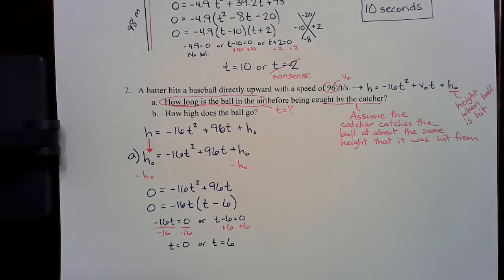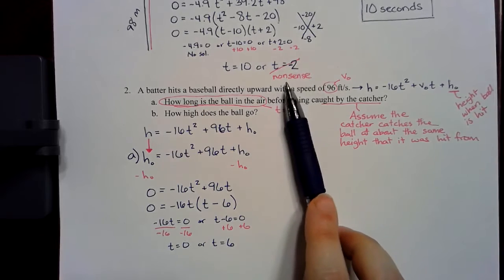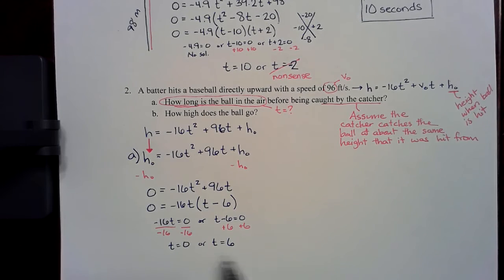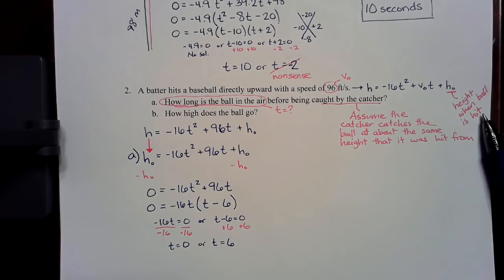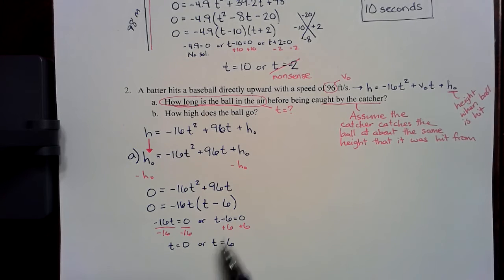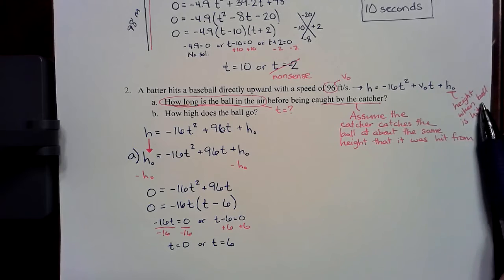So let's look at these two answers and see which one makes sense. So unlike in the previous problem where one of the answers was nonsense, here both answers make sense. T equals 0 means that the ball is at this height when it was hit. That's true. Also not helpful. That's not when it gets caught, it's when it gets hit.